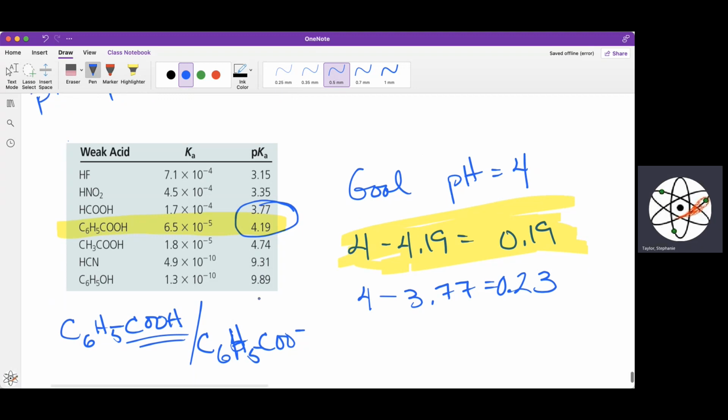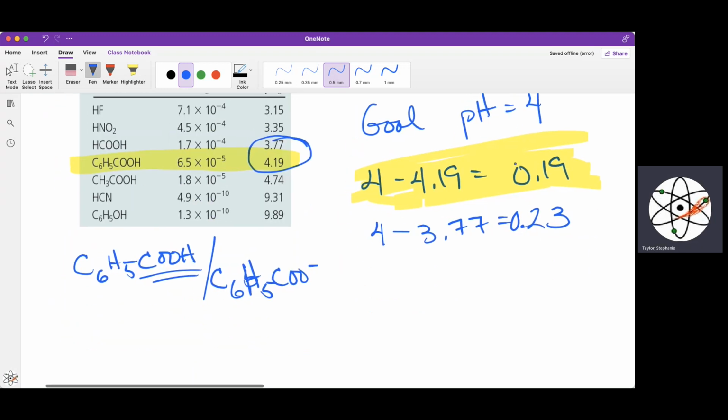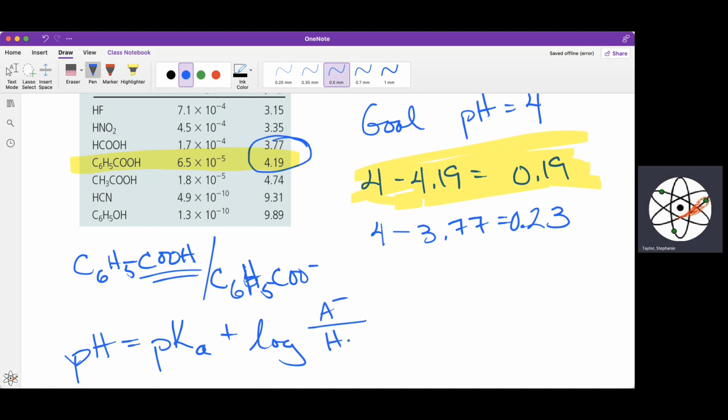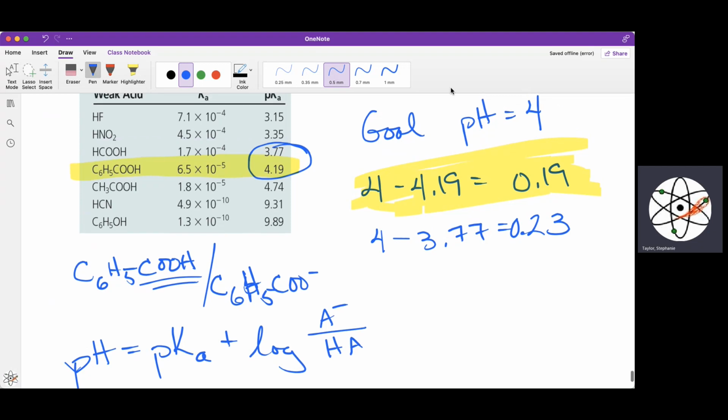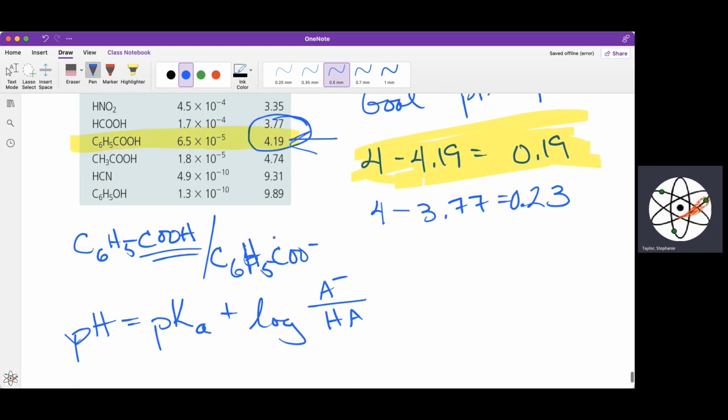So let's go ahead and finish out this problem. Since I have a goal pH, let's ask what ratio I would need. If pH is equal to pKa plus the log of A minus over HA, my goal pH is 4, and I'm just going to use the pKa out of the table.